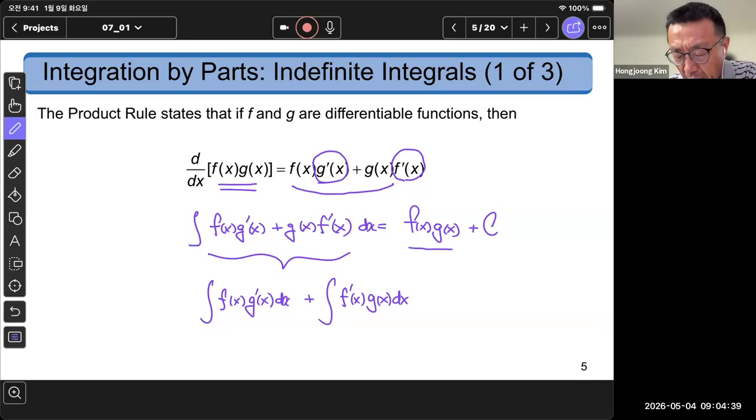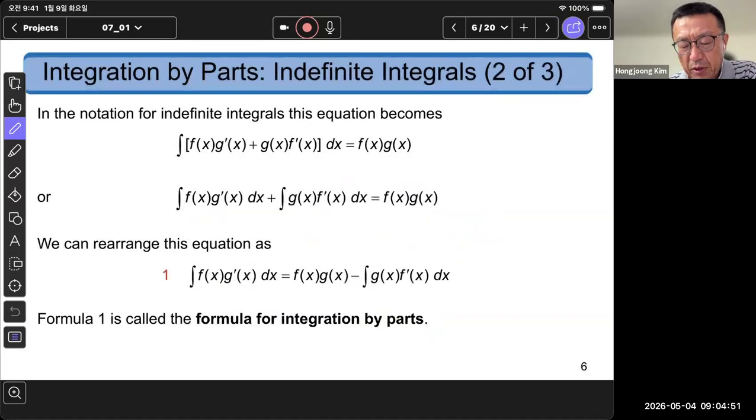Now, given this relation, if I move one of these two integrals to the other side, then we get a formula called integration by parts. As I said, if you integrate these two terms, you get f(x) times g(x), and of course you need to add a constant.